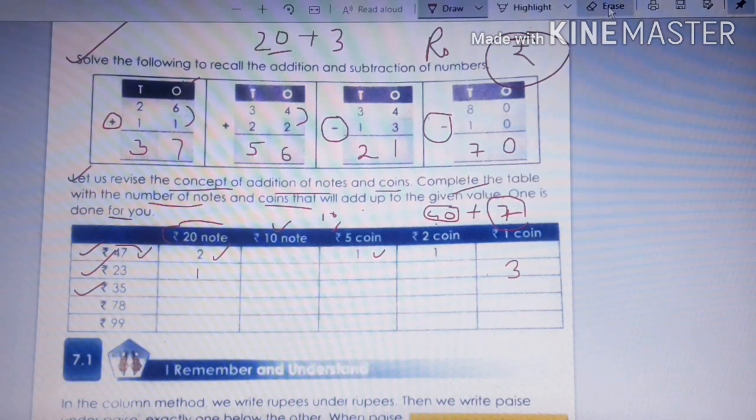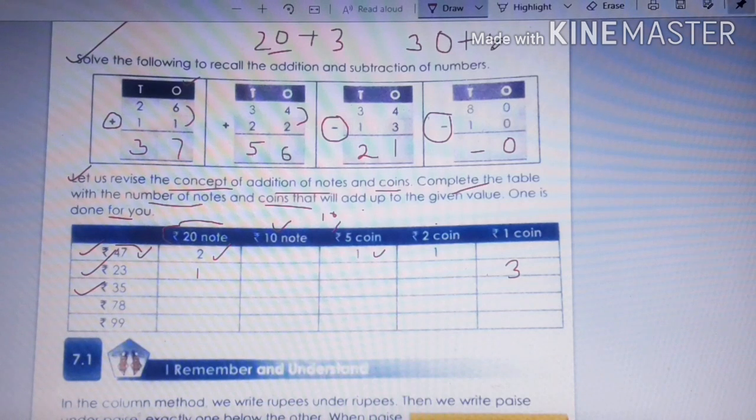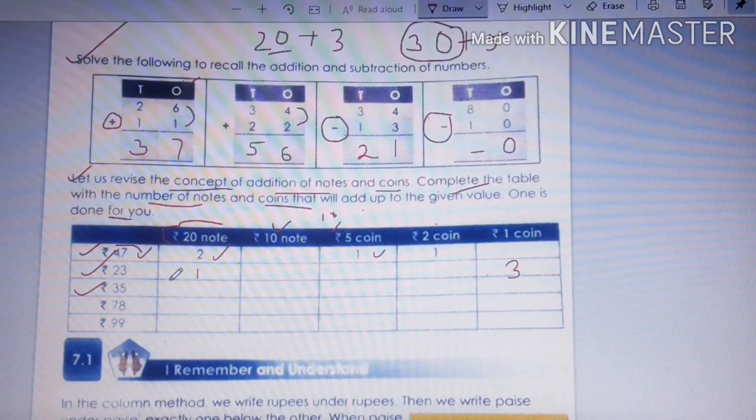Next is 35. Let me rub this. So next is 35. Again, children, you write 30 separately in the tens place, plus 5, expanding it as 30 plus 5. Now children, how can you make 30 rupees?